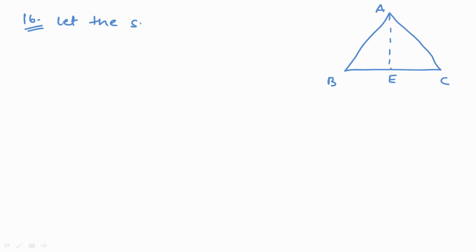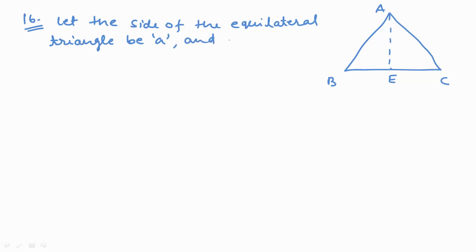Let the side of the equilateral triangle BA and AE be the altitude of triangle ABC.